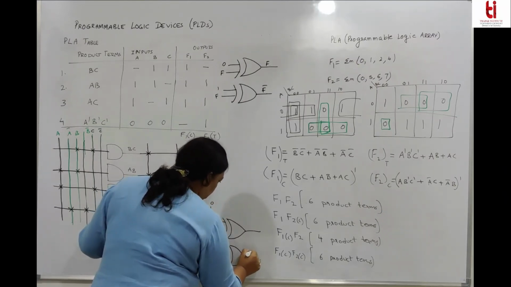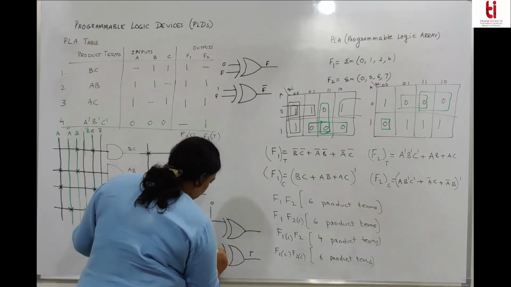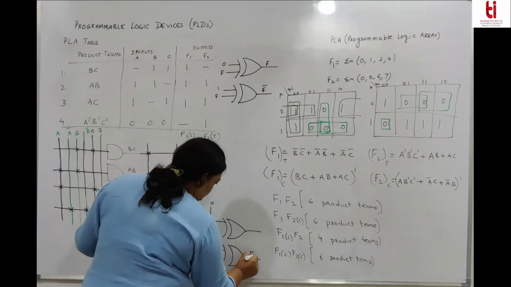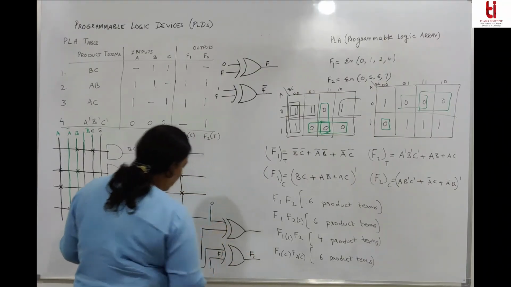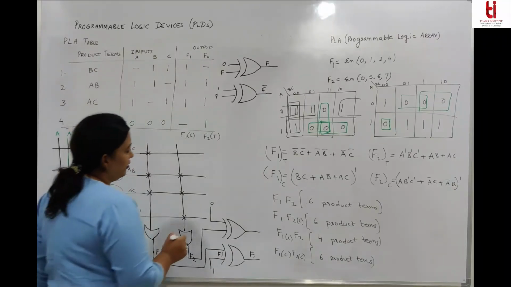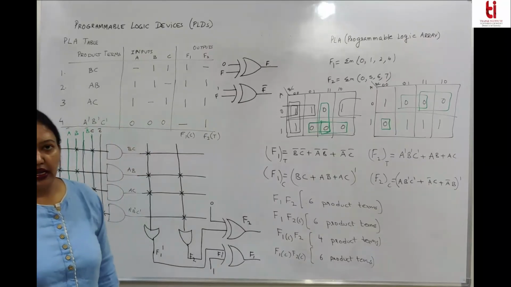So I want a complement of F1. So let me give this F1 bar. I'll get F1 here, and similarly I'll XOR F2 with 0 to get F2. So this is the final circuit for a PLA.